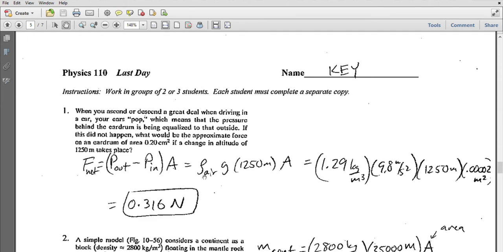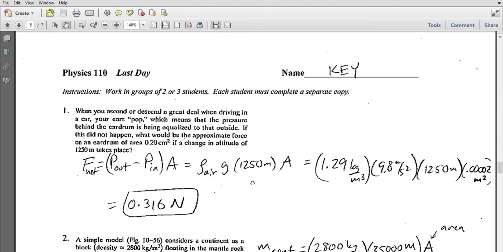Well, we can use rho g h to get the difference in pressure if you go down by a certain distance in the atmosphere. Now, we have to be a little bit careful here, because I said earlier in the videos that you can't use rho g h unless rho is constant, and in the atmosphere the density of air isn't constant.